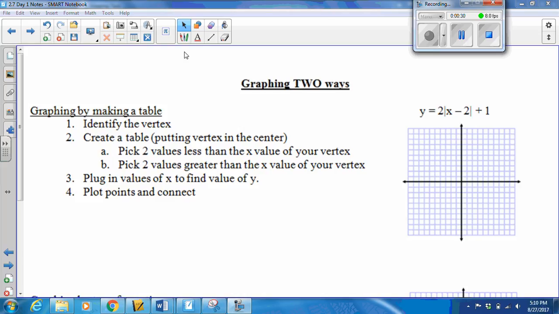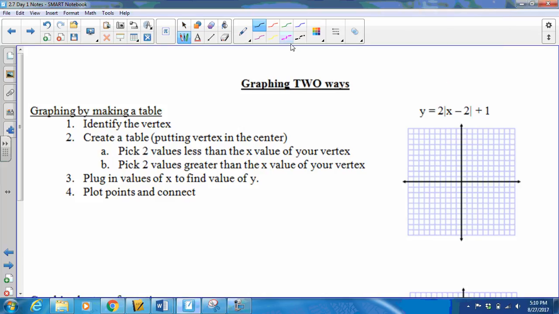So here we first have to identify our vertex. To do that, remember our vertex is our h value and our k value. If we look over at our function y equals 2 times the absolute value of x minus 2 plus 1, remember our h value is inside the absolute value signs and our k value is on the outside.